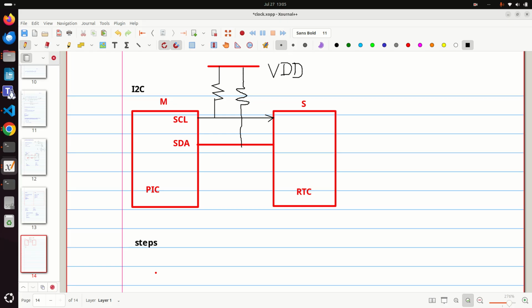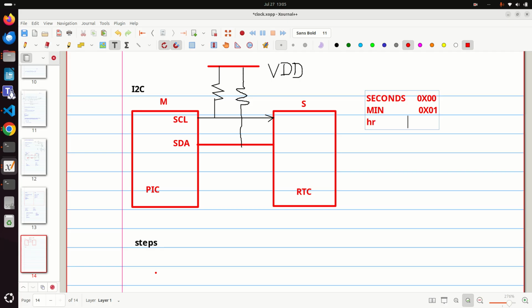In RTC there are some registers available and these registers must have some addresses. So there is one register whose name is seconds, and the address of this register is 0x00. Not only seconds, it also has a minutes register and an hour register.